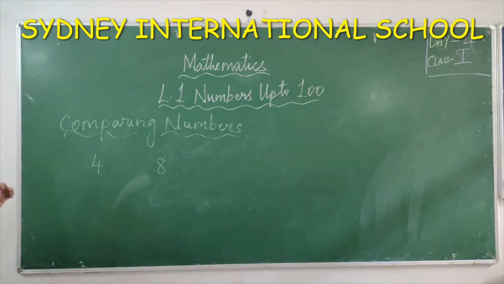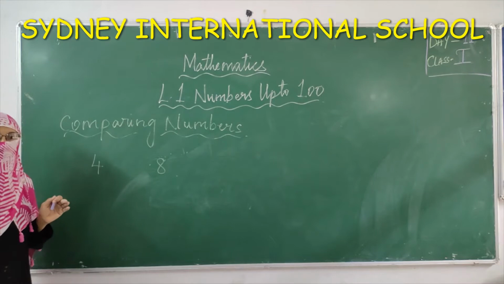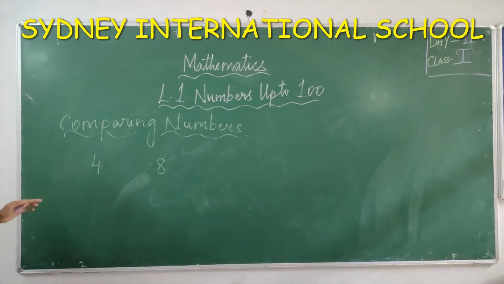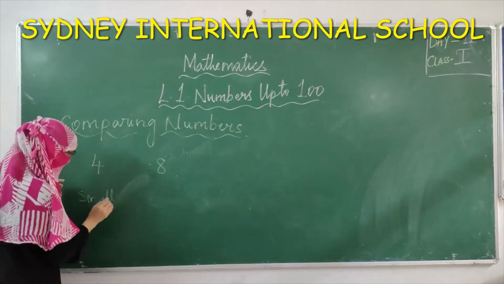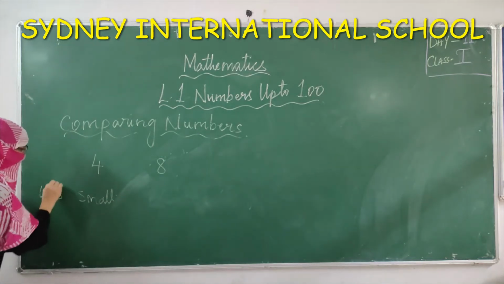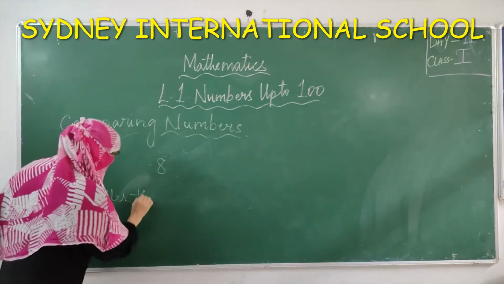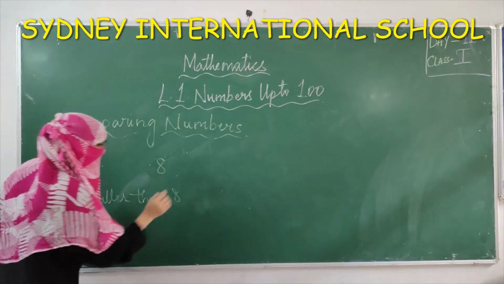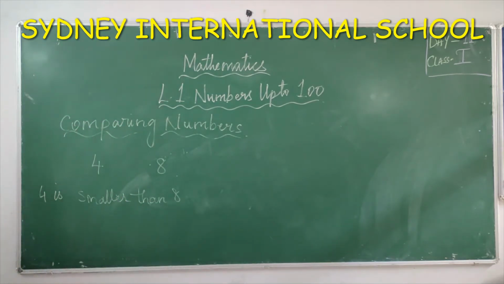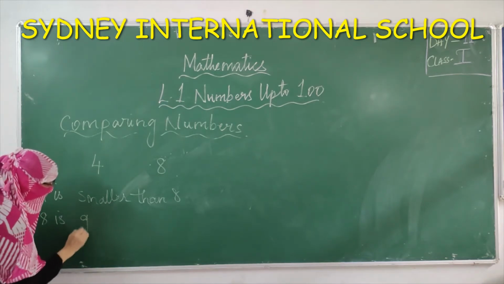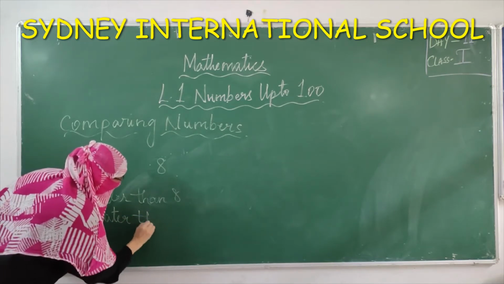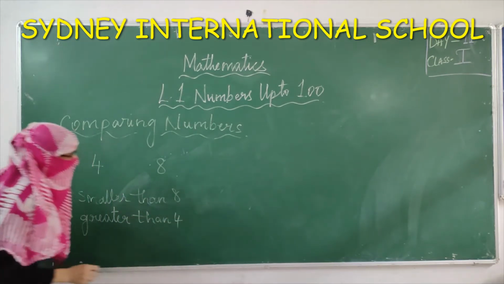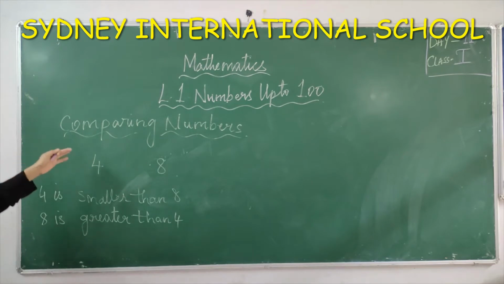You will say obviously 4. 4 is smaller than 8. Now I ask you which number is greater. You will say 8 is greater. 8 is greater than 4. So this is how to compare numbers.